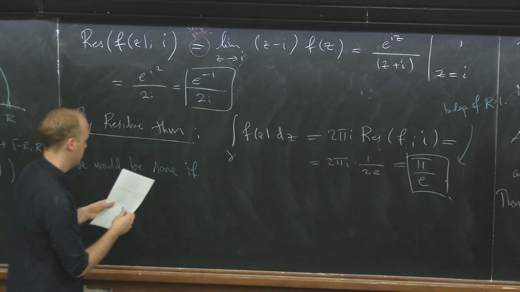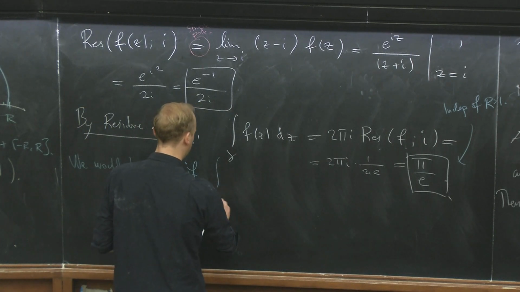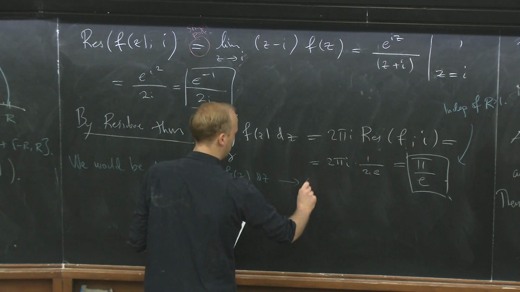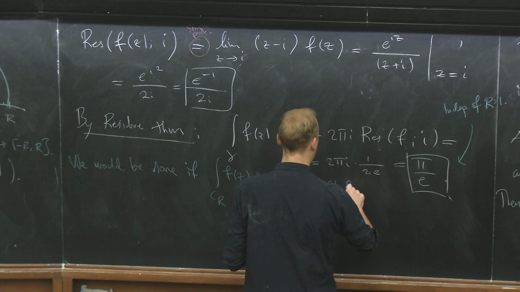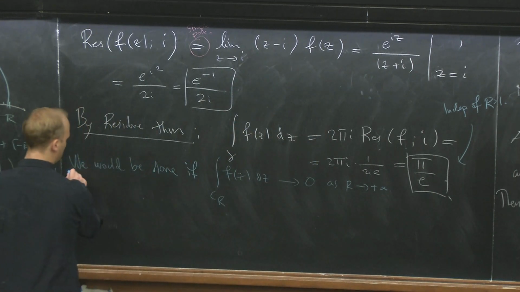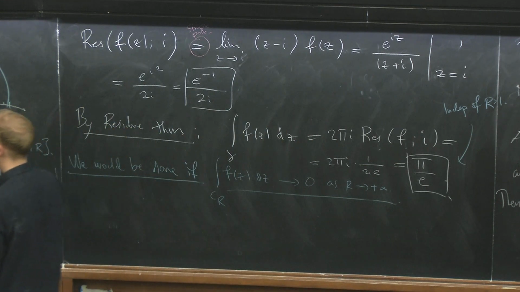And now we would be done if only we could show that the integral along the circle part tends to 0 as R tends to plus infinity. Okay, so why is that?